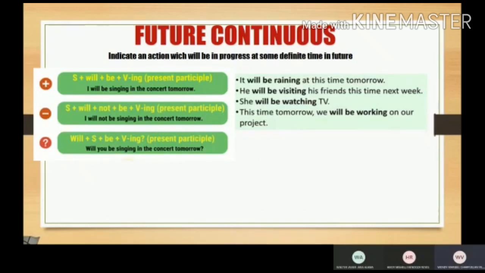The other examples: it will be raining at this time tomorrow. He will be visiting his friends next week. She will be watching TV. This time tomorrow we will be working on our project.